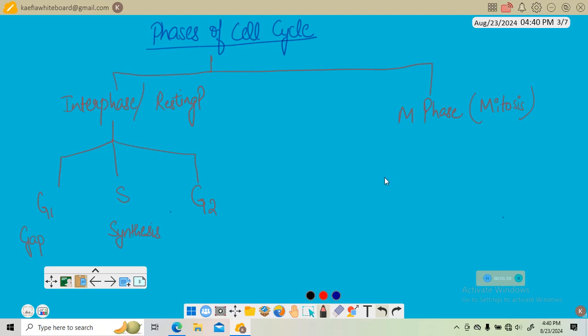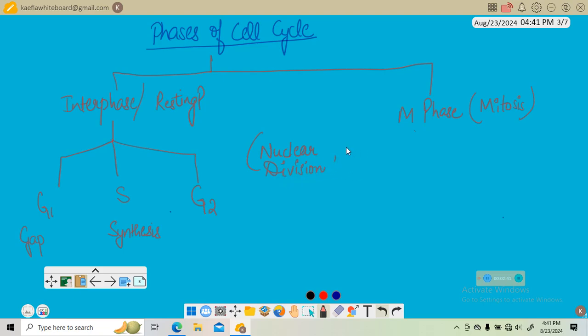Then the M phase, this is the mitosis phase. In the first part we have nuclear division, then separation of daughter chromosomes, then cytokinesis. Basically in M phase there is nuclear division, which is karyokinesis. The literal meaning of karyokinesis is nuclear division.